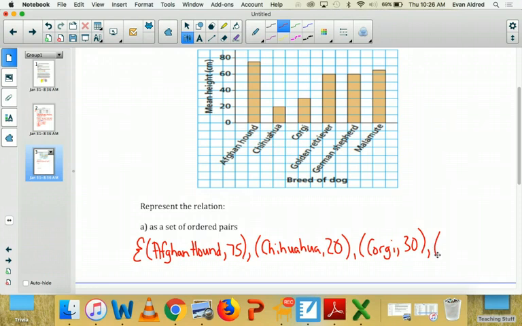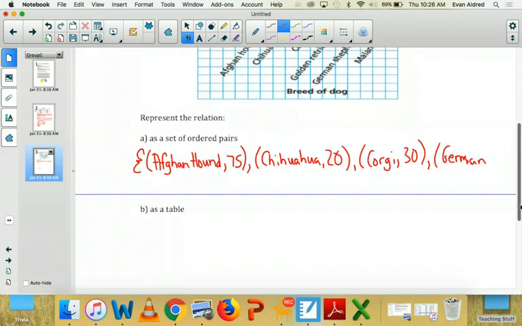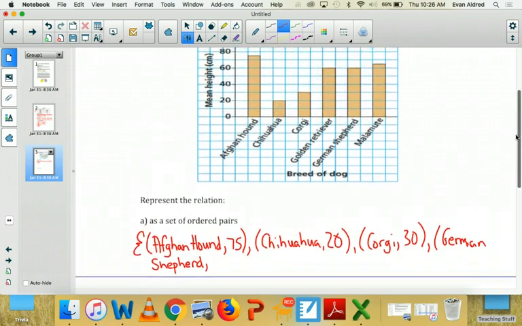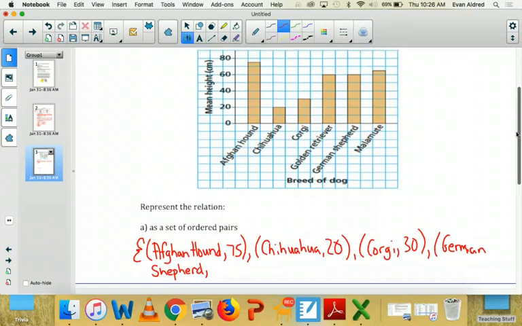So Golden Retriever, but German Shepherd comes first alphabetically. And I think I'm just going to keep my alphabetical rule in place. So let me just take that H out of there. So German Shepherd, which has a mean height of 60.